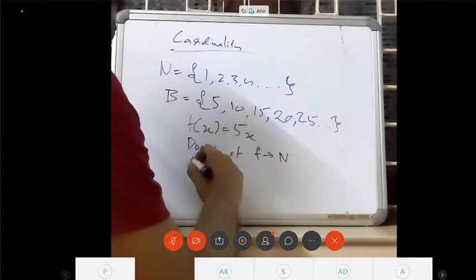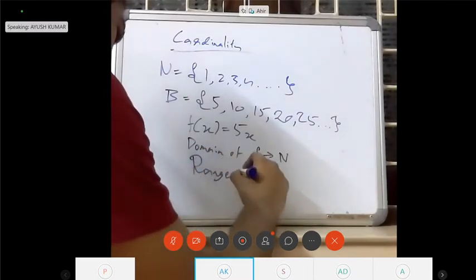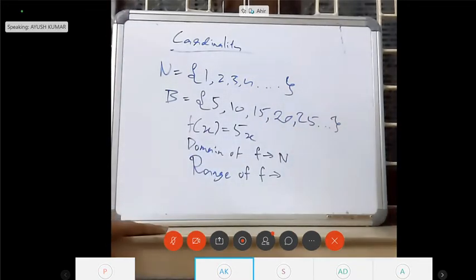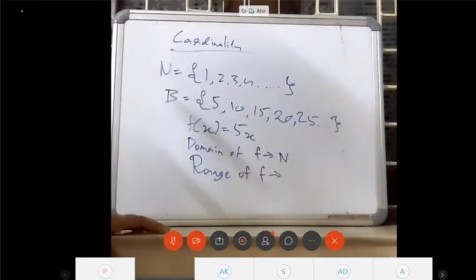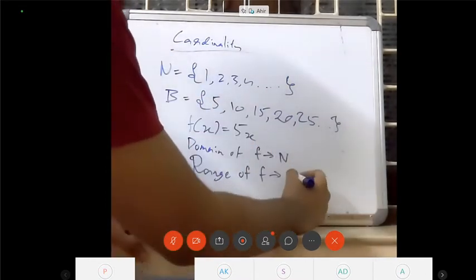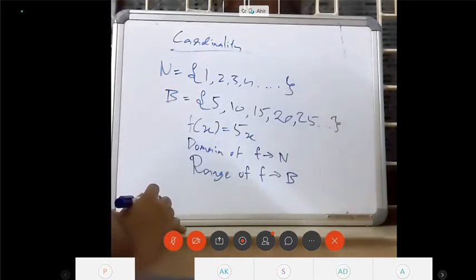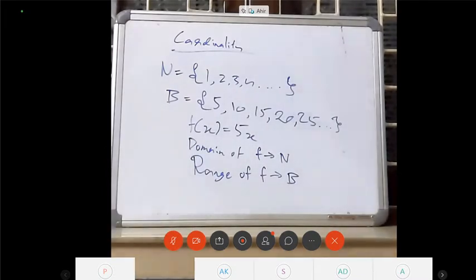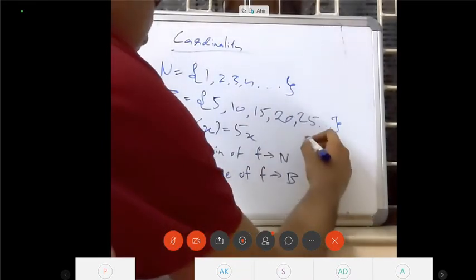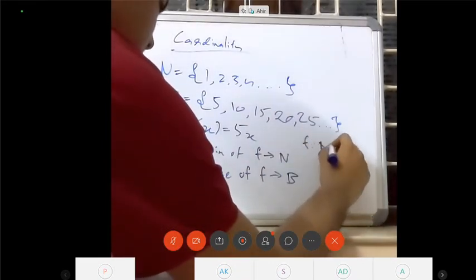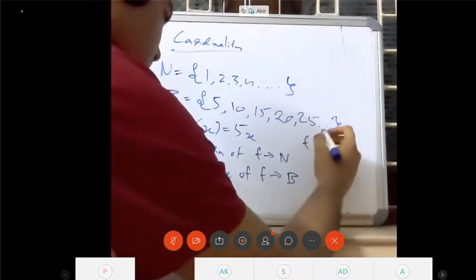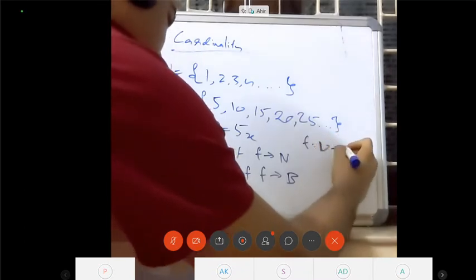The set in this case is B, right? So if we have 1, we get 5. So f(1) is 5, f(2) is 10, f(3) is 15, and so on. So the range of f is B. So f is a function from N to B.